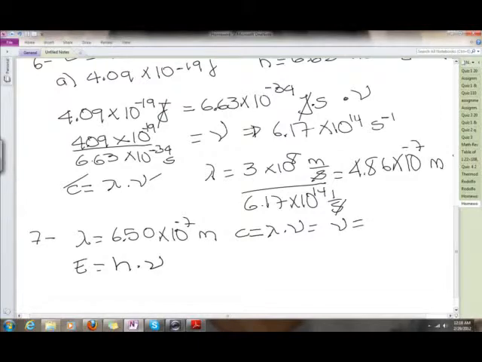So the frequency would be equal to 3 by 10 to the 8 meter per second divided by the wavelength, which here is 650 by 10 to the minus 7 meters, and you get the frequency.